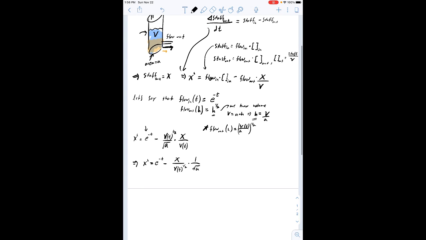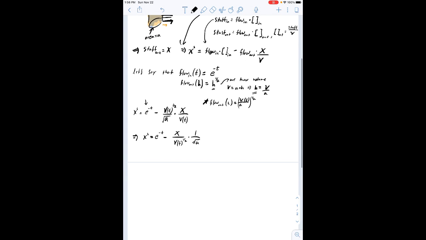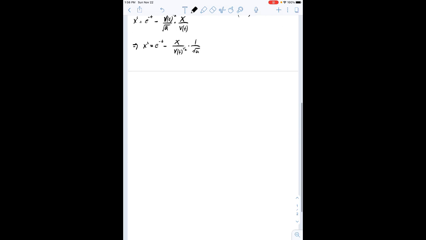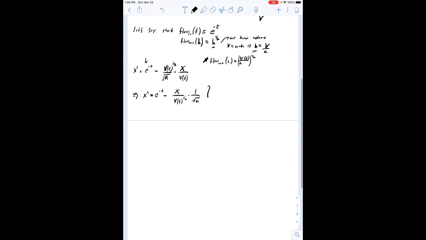Cool. So how do we solve this equation right here? So the magic of brine tank problems and the magic of the integrating factor method. So this is just equal to x prime plus, let's say, 1 over root A V of t to the 1/2 times x is equal to e to the negative t.